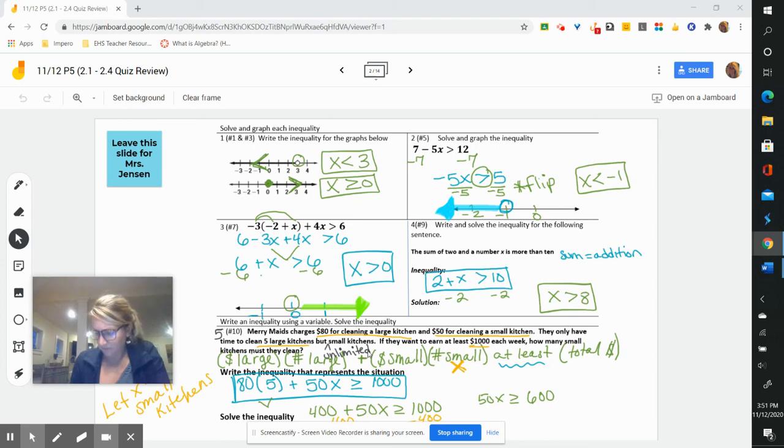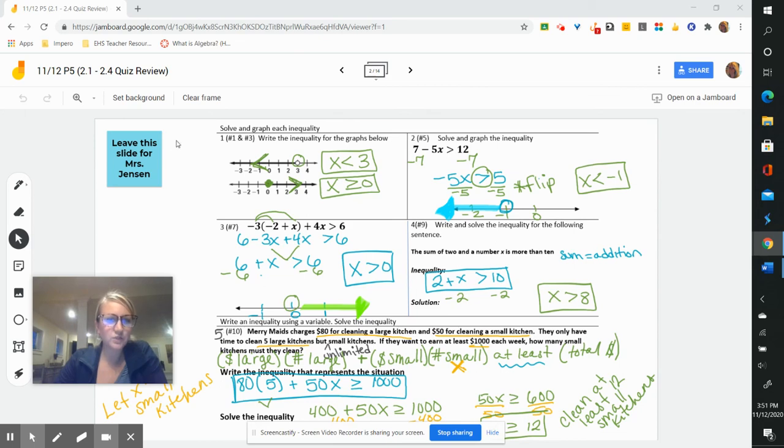So our last step would be to divide both sides by 50. And 600 divided by 50 is 12. So they have to clean at least 12 small kitchens to earn at least $1,000 each week.